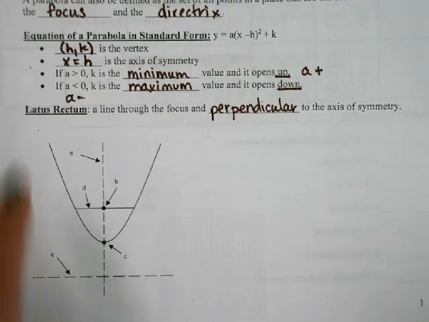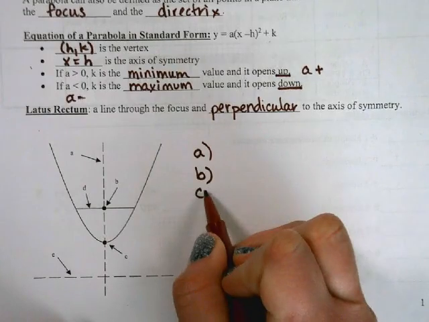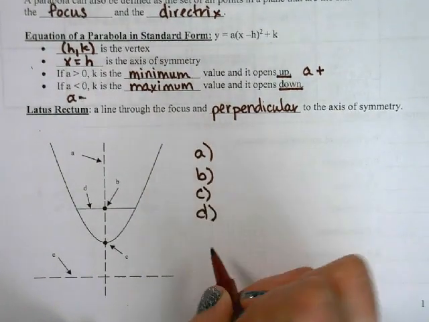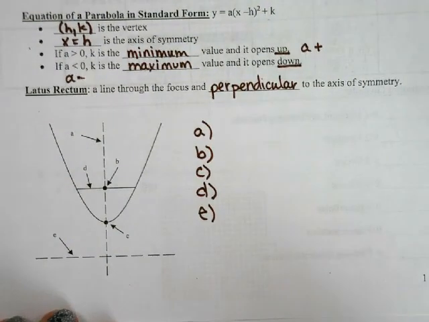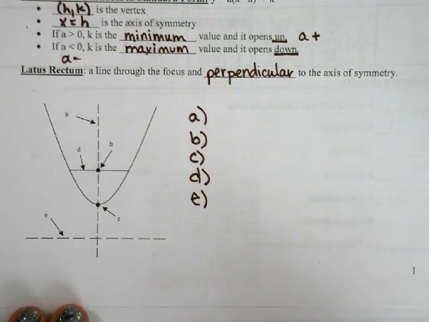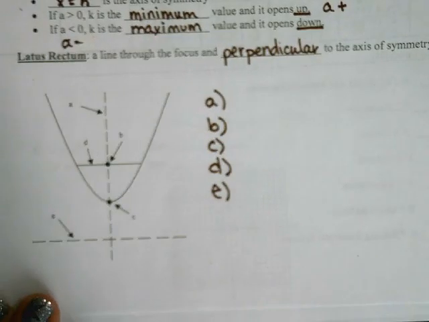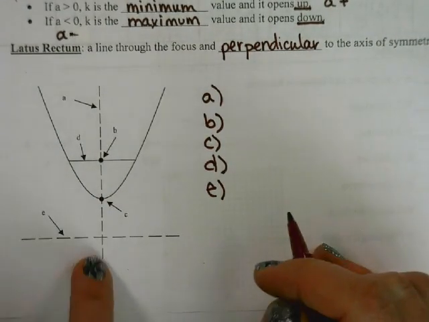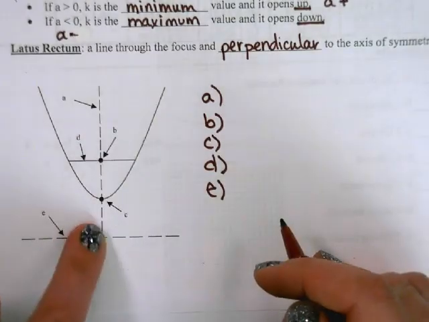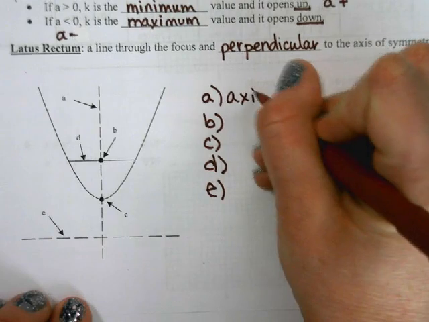Okay, so here we go. See all these that are labeled? Let's give them names. Okay, so A, right here, is the axis of symmetry.